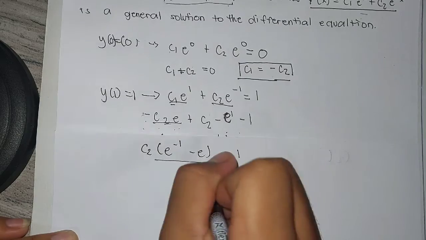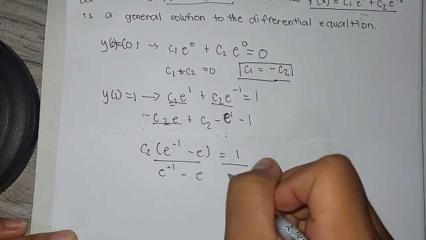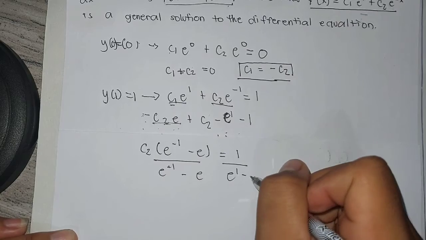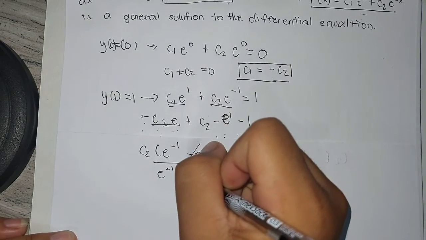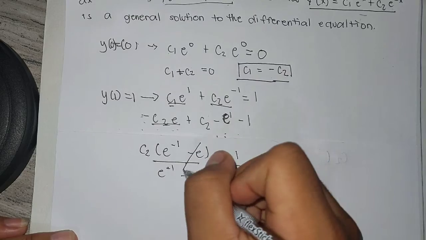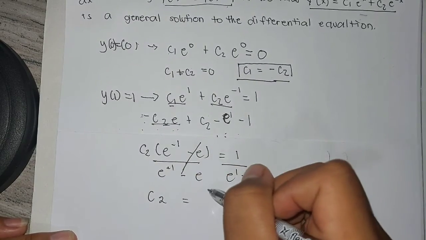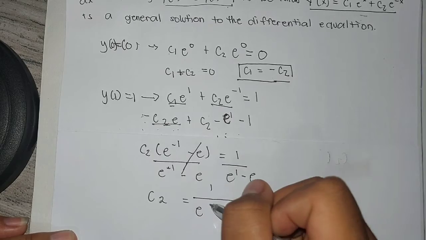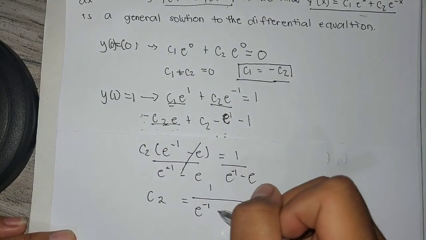So we're going to divide by this to cancel. So we know that c sub 2 is equal to 1 over e to the negative 1 minus e.